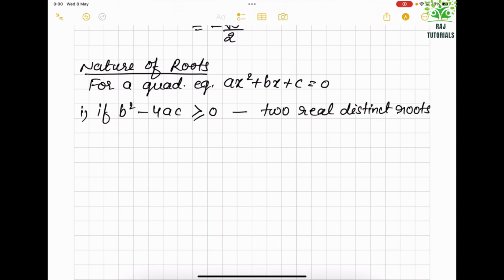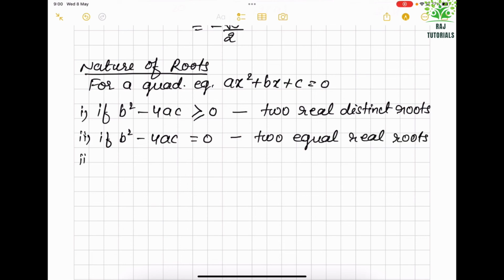Two real distinct roots means I will have two different values for roots. Then the second one is if b square minus 4ac equal to 0, then I can say two equal real roots.